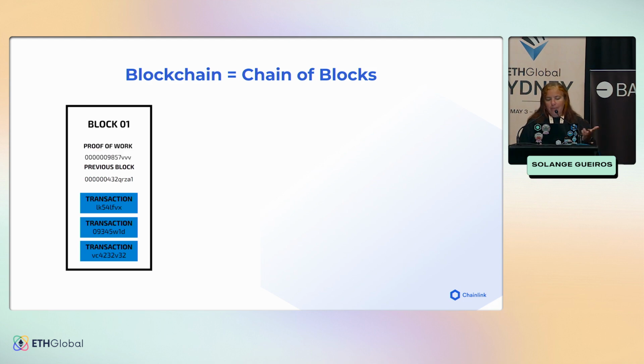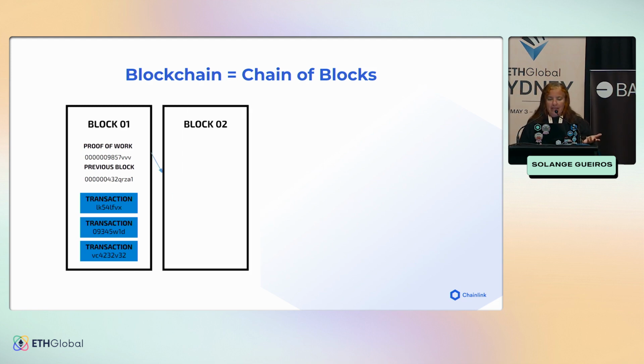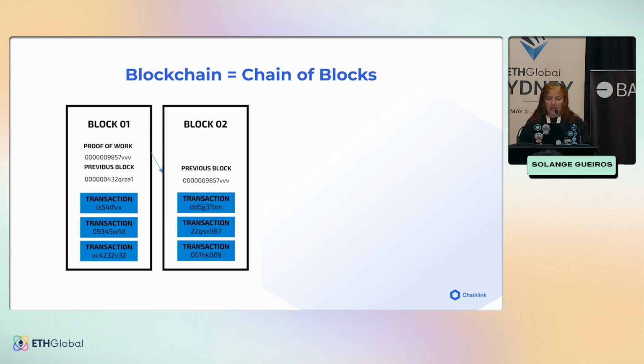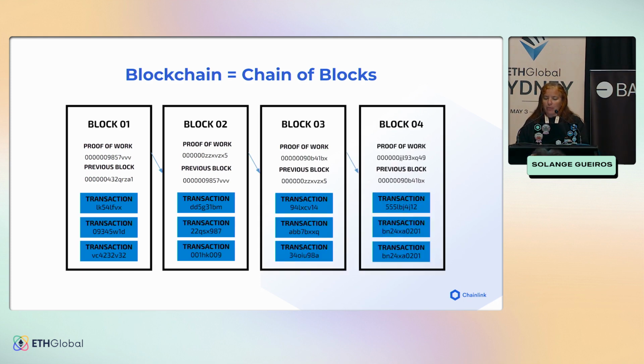And the proof of work is to create a hash of this block in a valid way. Then when I have block 2, I have the hash of the previous block and now the transactions as well. And I'm having more blocks and more transactions inside.